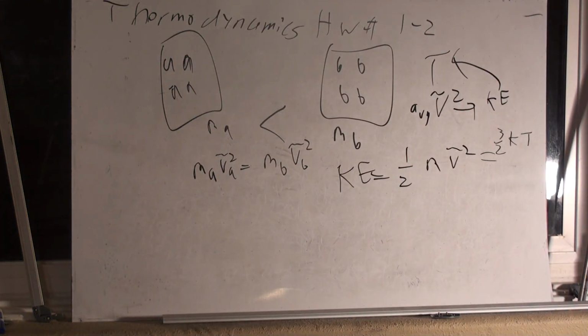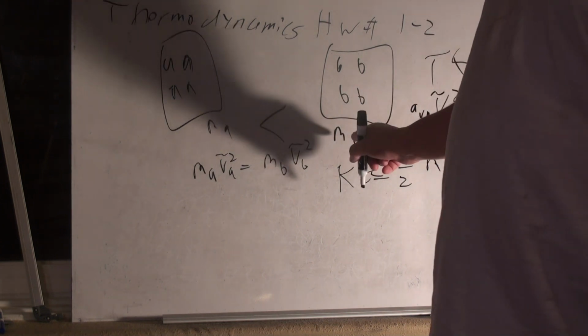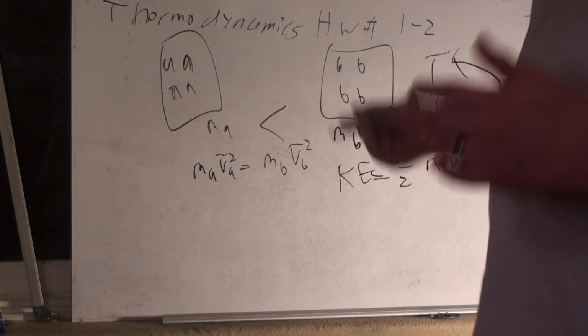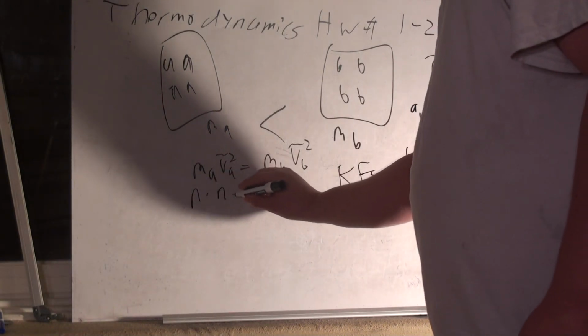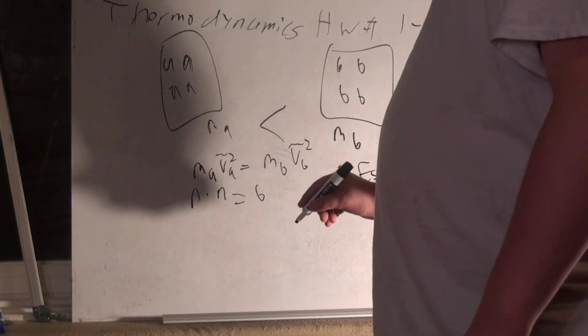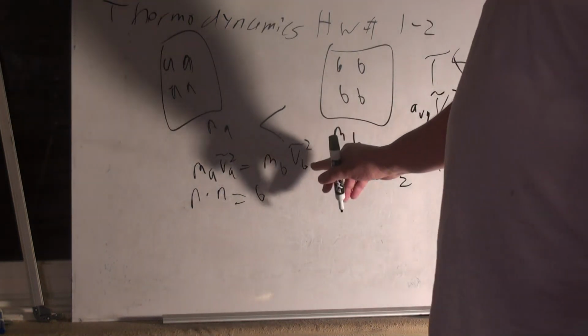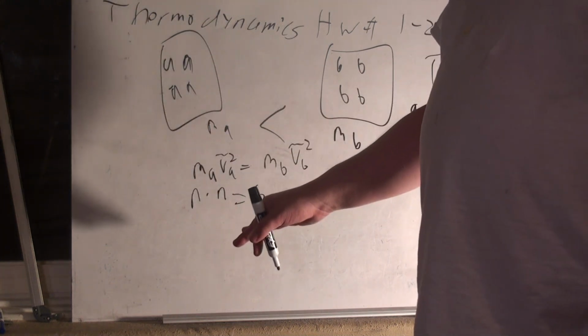Now based on that, well, this one is bigger, right? Okay, so let's just say I have a normal times a normal equals a big, bigger than normal. What does VB squared have to be to make these equal?